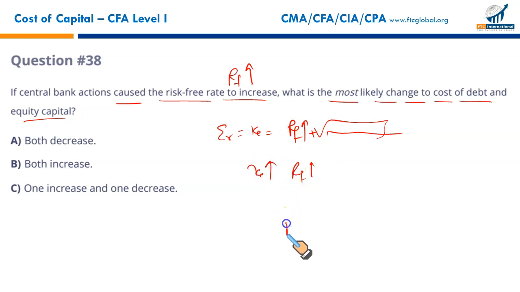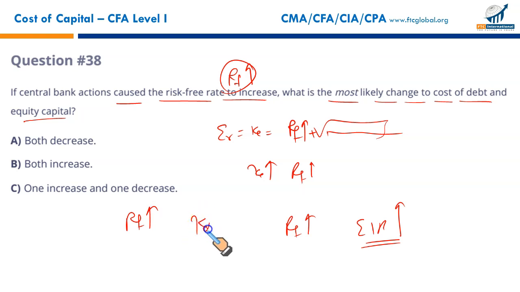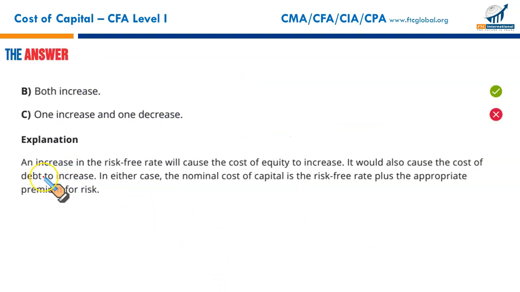When the risk-free rate goes up, the effective interest rate on the bonds goes up. So if the risk-free rate increases, the cost of equity and cost of debt will both go up. Remember, whenever the risk-free rate goes up, cost of debt definitely goes up, and as per the CAPM, the cost of common equity will also go up. So both will increase. That makes B the correct option.